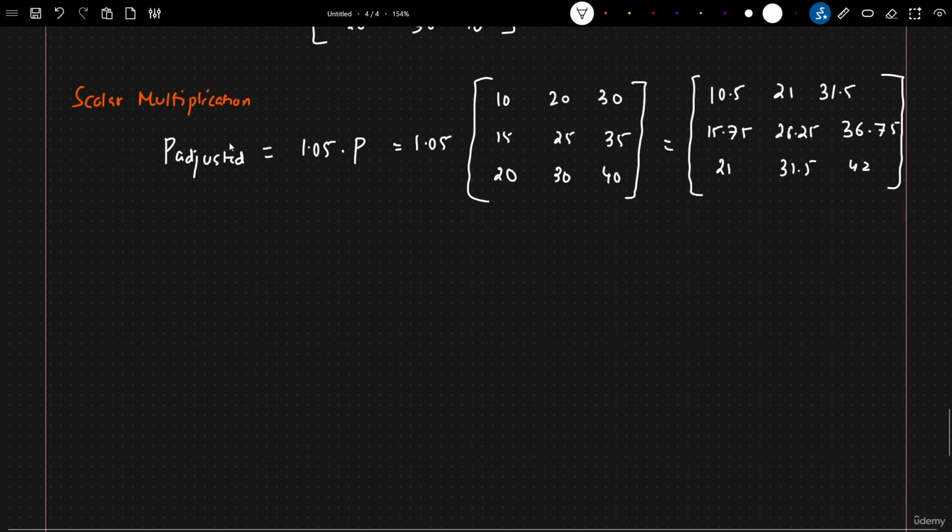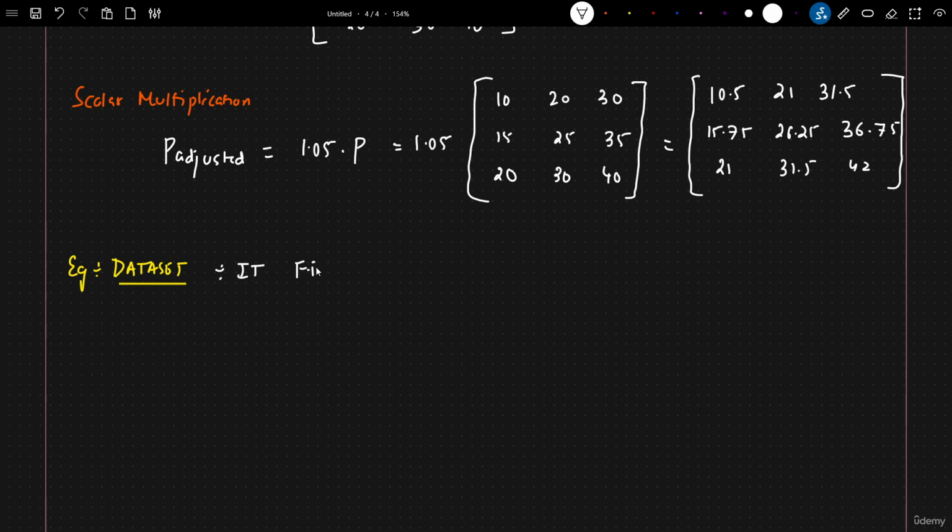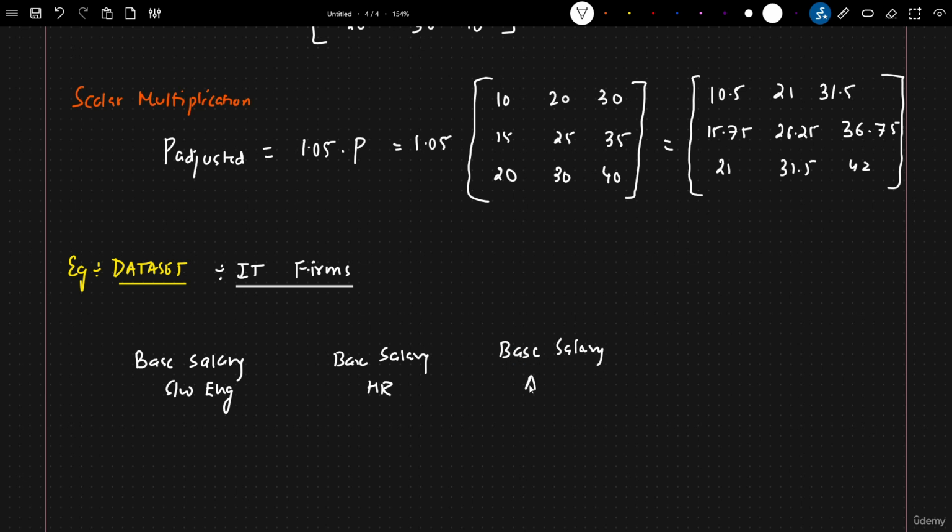Okay. One example that we can have, right? So some of the data sets, let's say, I'll just consider one data set over here. Let's say in an IT firm, right, IT firms. So let's say there is a data set of base salary of software engineers. Okay, then you have base salary of HR professionals, right? Then you have base salary of accountants. Okay, let's say I have these three features, right?